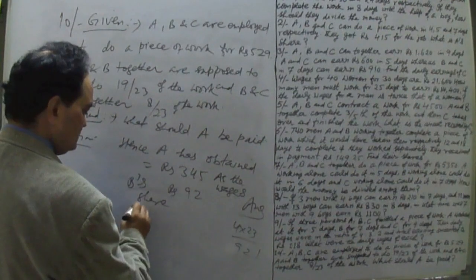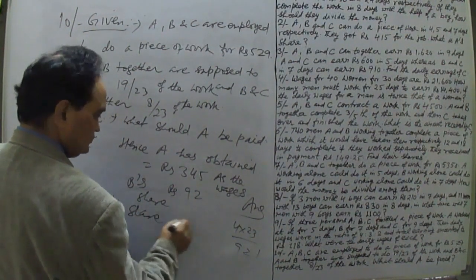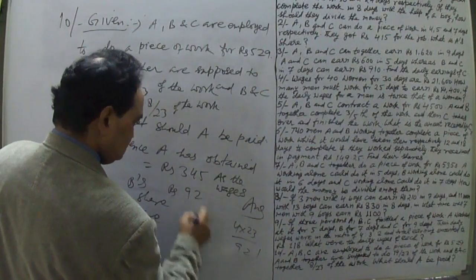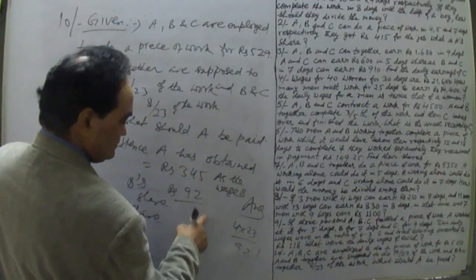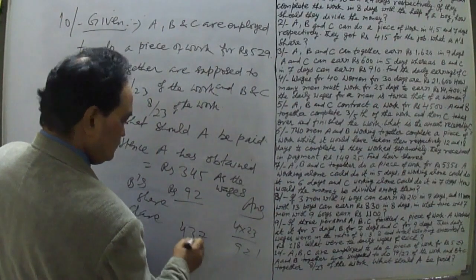What is C's share? C's share is equal to how much? The sum of these two, 345 plus 92: 5 plus 2 is 7, and 9 plus 4 is 13, 3 and 1 carry, 4, so 437.